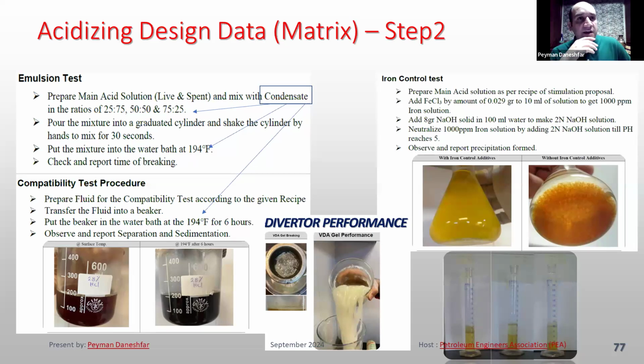Add 8 grams NaOH solid in 100 milli water to make 2 NaOH solution. After that, we neutralize the iron solution by adding the 2 NaOH solution until the pH reaches 5, because the precipitation of the iron will be at pH 5.